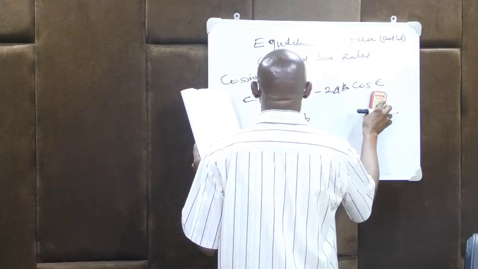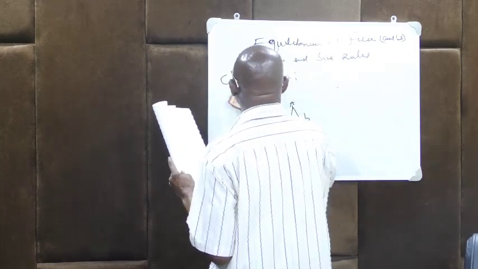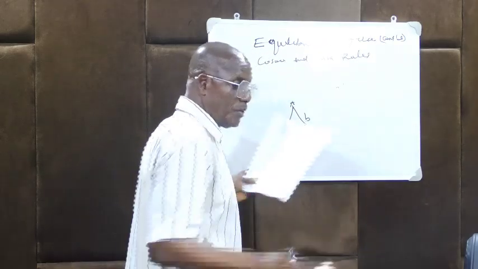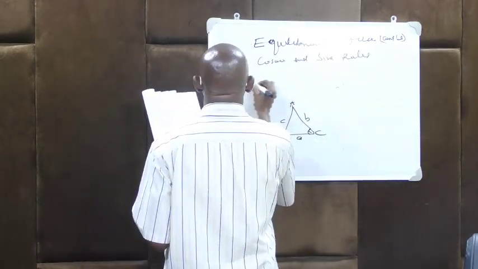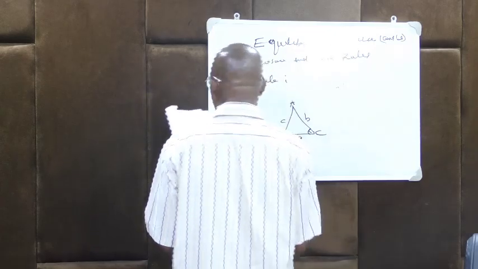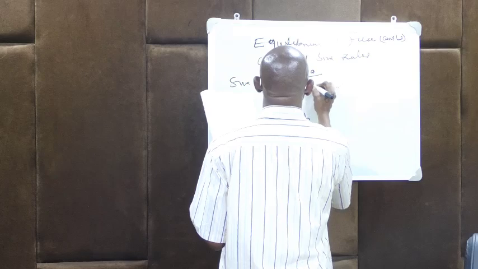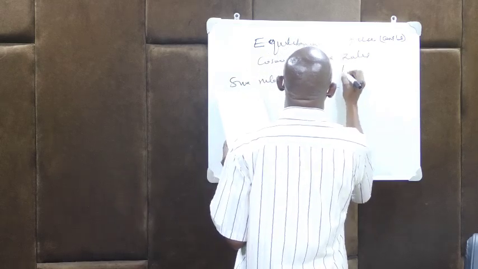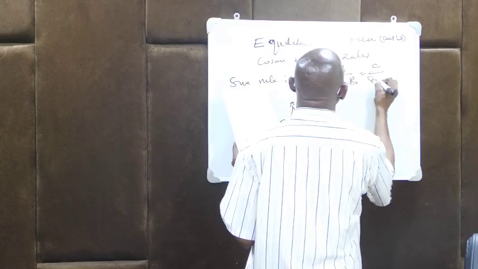As I stated earlier, you will not be expected to state this rule, but only to apply it. So let's use the same triangle. Mathematically, A over sine A equals B over sine B equals C over sine C.